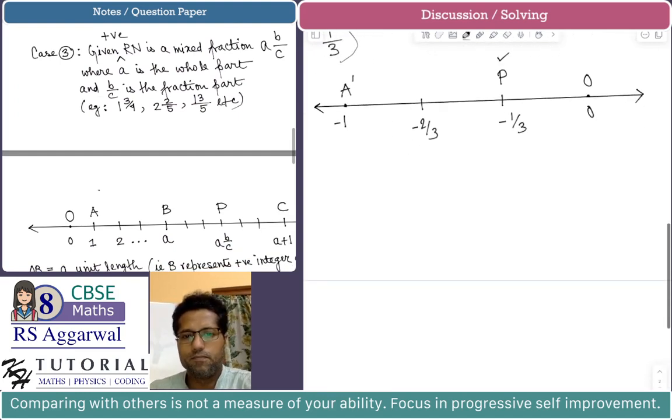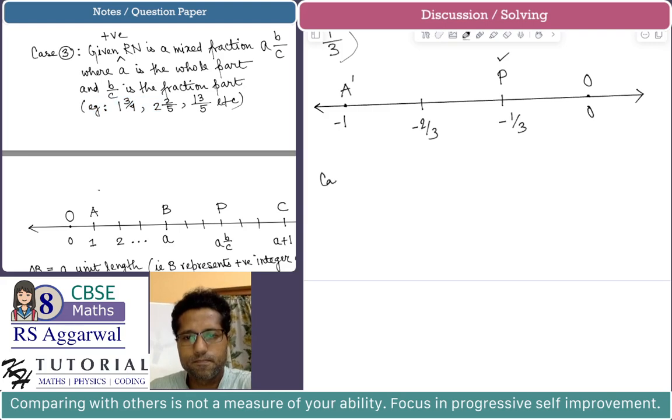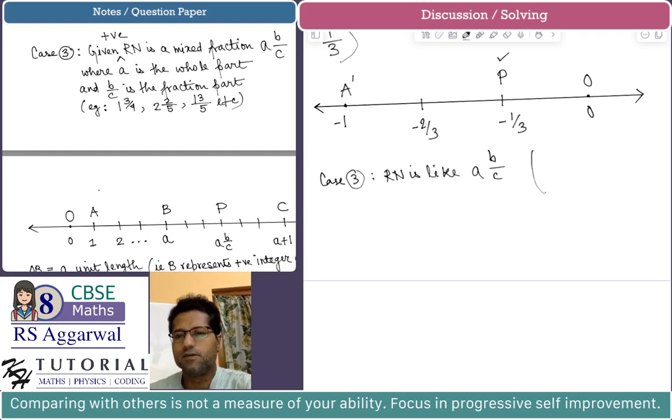Case 3 is where the given rational number is of the form of a mixed fraction, that is a and b upon c, a and b by c, which is nothing but a plus b by c. Here a is the whole part and b by c is the fractional part.